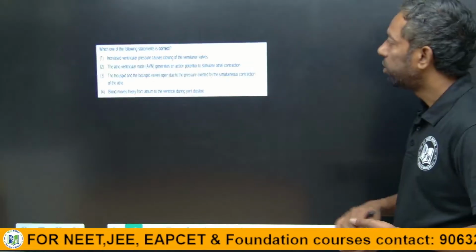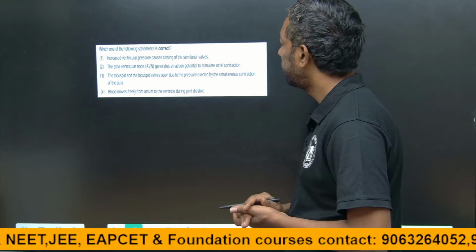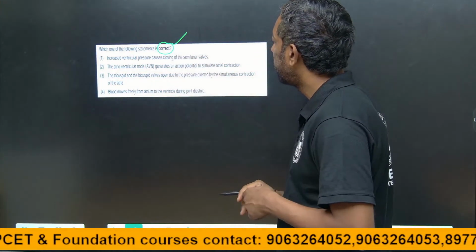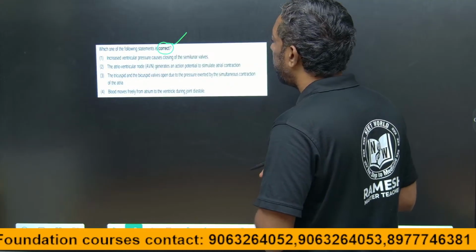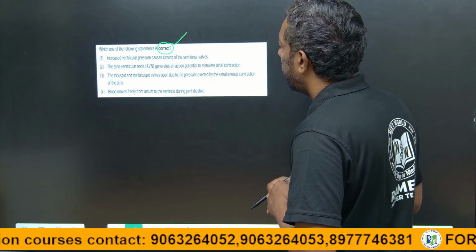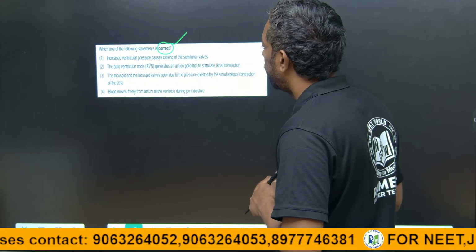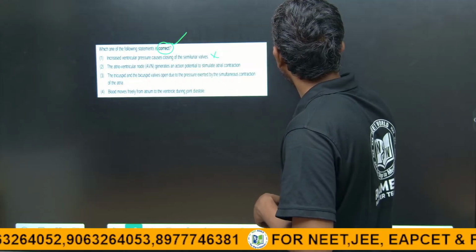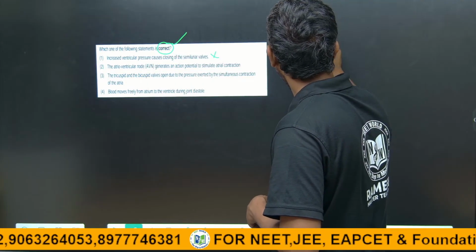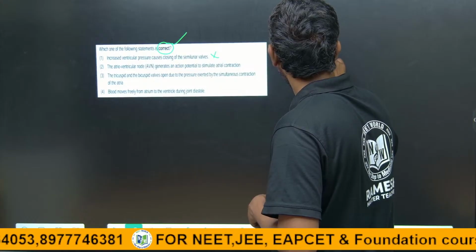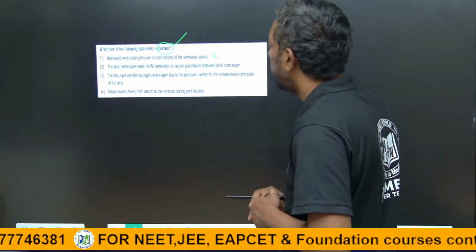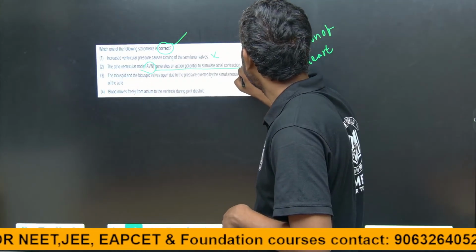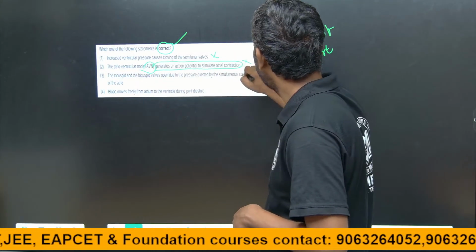Which one of the following statements is correct? Here it is a positive word. Increased ventricular pressure causes the closing of the semilunar valve. No, it is wrong. This is about the function of the heart, guys, very simple. AVN node generates the action potential? This is absolutely wrong.